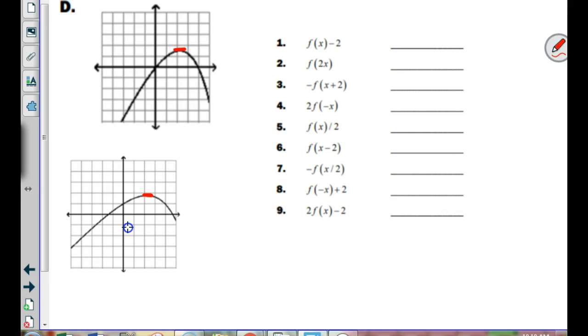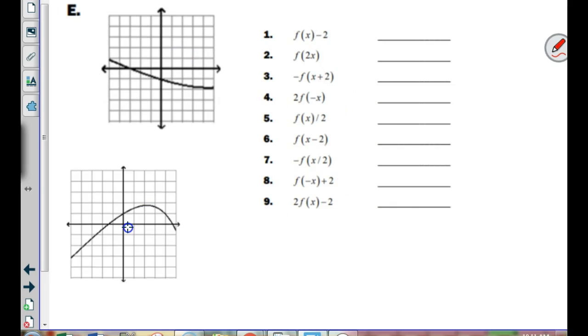All right, what's obvious about this one? It's reflected over the X, which would make a negative out front. But I think it's also stretched. So yes, good call.